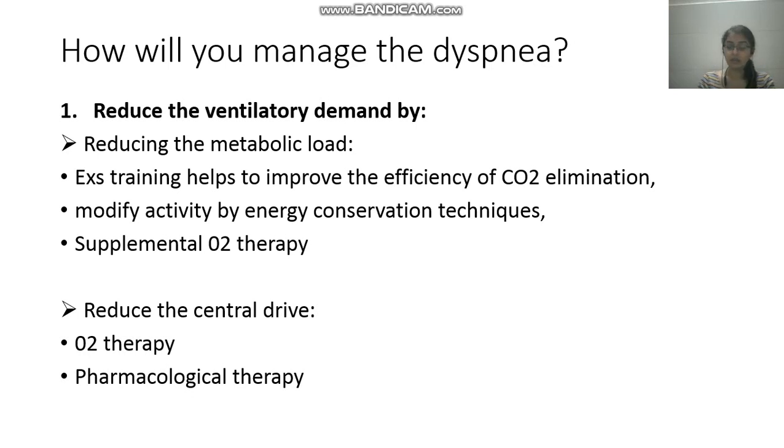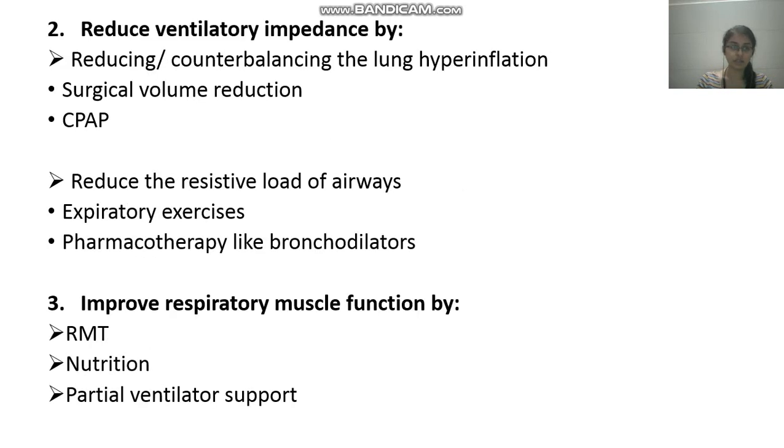So you reduce the central drive with either pharmacological therapy or oxygen therapy. The other thing you need to do is reduce the ventilatory impedance, the respiratory resistance. How do you do it? We all know in cases of COPD, there is a lot of hyperinflation that is already present in the lungs.